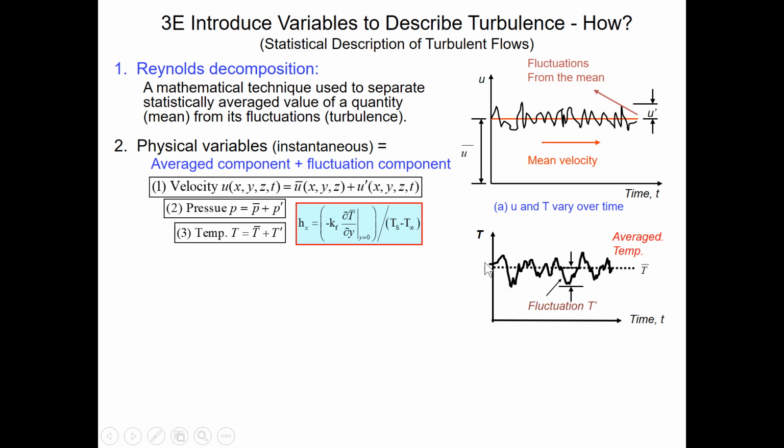These two plus give you the realization about instantaneous velocity and temperature, averaged velocity and temperature. The difference would be the fluctuation of the velocity and temperature.